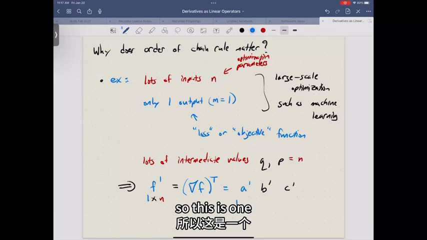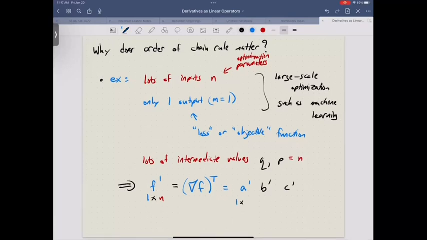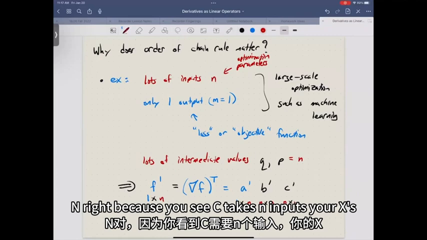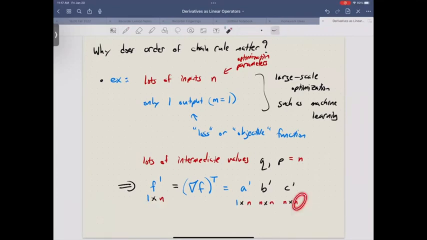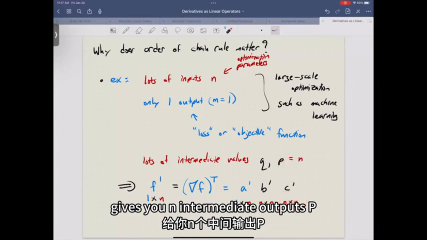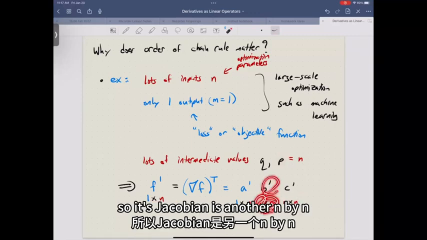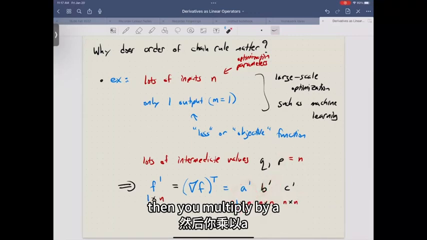So this is 1 by n. B is n by n. C prime is n by n, because C takes n inputs, your x's, and gives you n intermediate outputs, P. Then B takes those n things and gives you another n, so its Jacobian is another n by n, then you multiply by A.